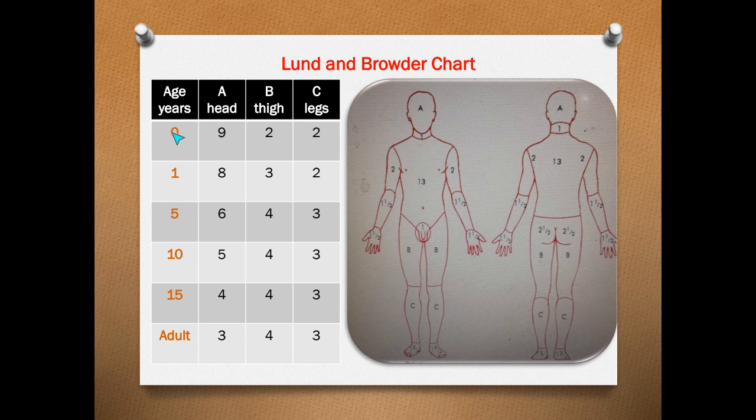And here it considers the proportion of the body according to different ages. See here, the head at birth, which is age 0, constitutes about 9% of the total body surface area, while in adults it constitutes only 3%. Okay? And you have A for the head, B for the thigh, and C for the legs.